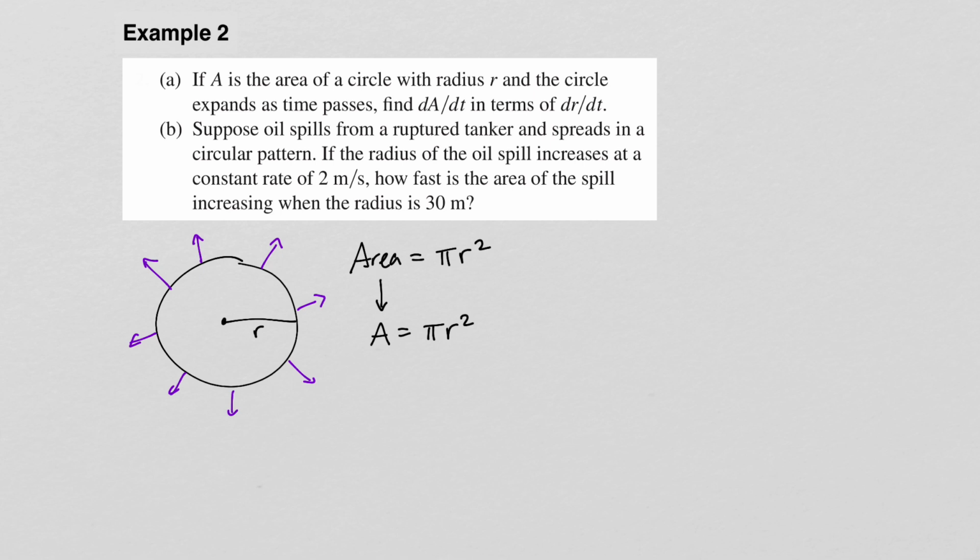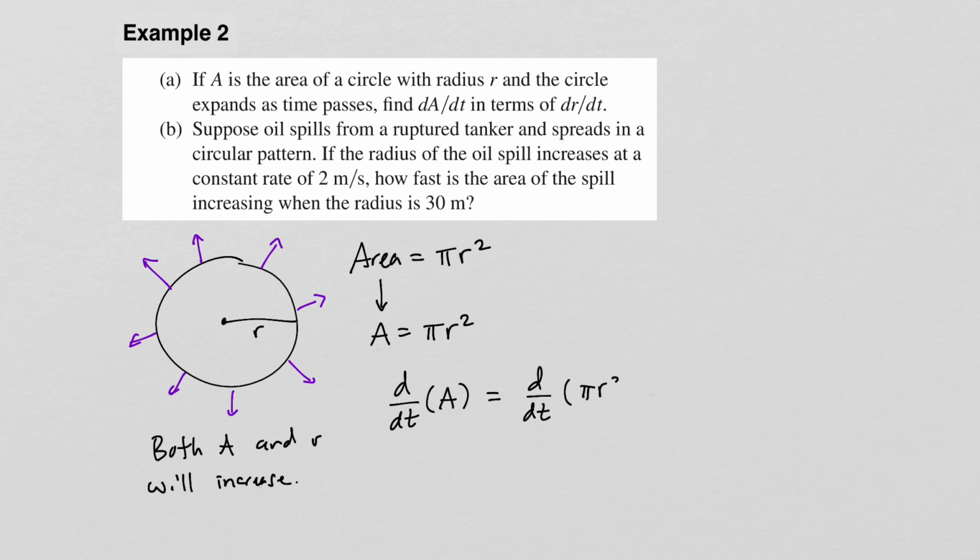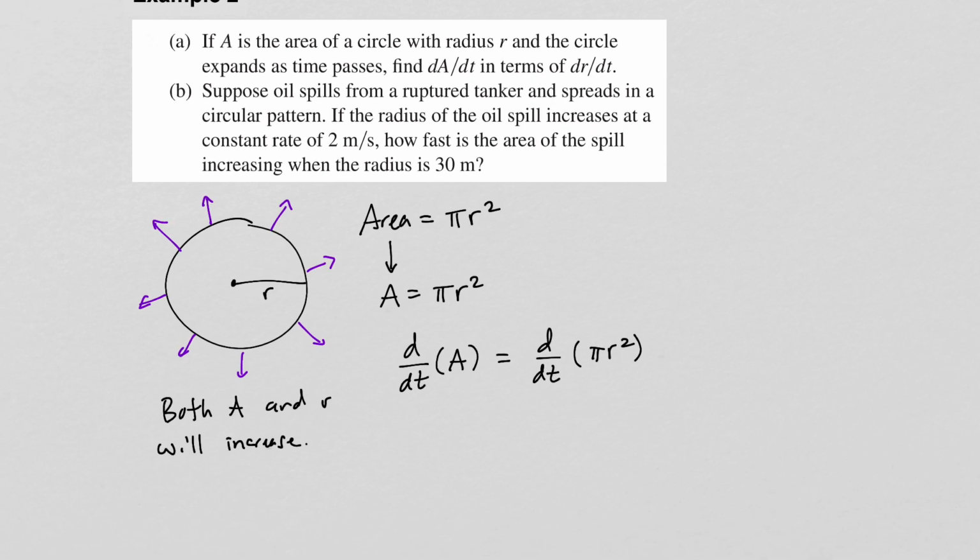So that means that both A and r will increase. So they are both functions of time. So just like in the last example, if I take the derivative with respect to time of the left-hand side of the equation, this is equal to the derivative with respect to time of the right-hand side of the equation.